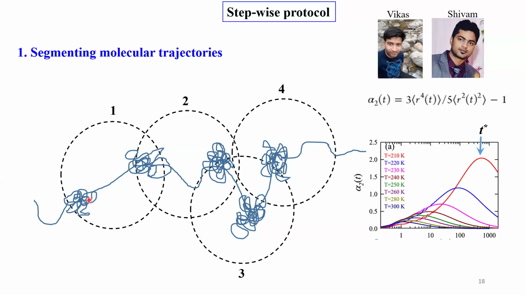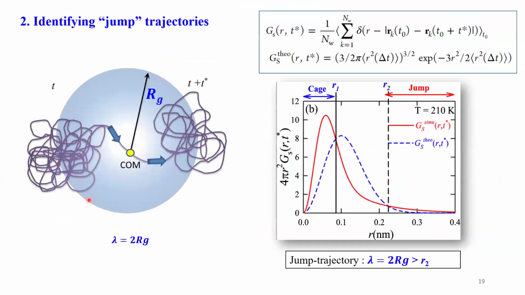That is the first step. Then you choose first segment, second segment, third segment, different segments, and then what you do is calculate, so basically this one small segment is nothing but like a polymer, right? And in a polymer you have monomers, and here the monomers are the different time points.